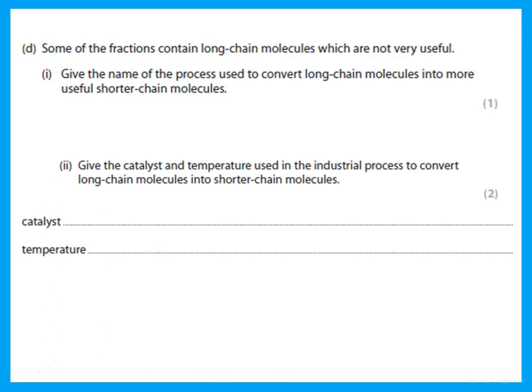Some of the fractions contain long chain molecules which are not very useful. Give the name of the process used to convert long chain molecules into more useful shorter chains. What was the name of the reaction in which we break down long chain molecules into shorter chains? You should realize that is cracking.